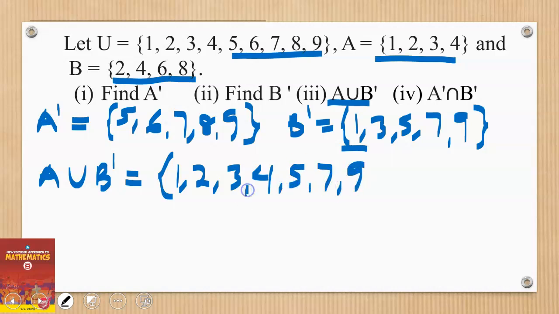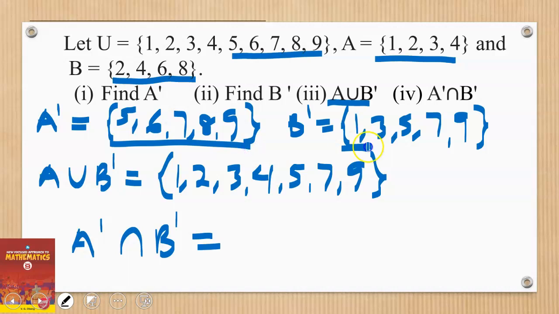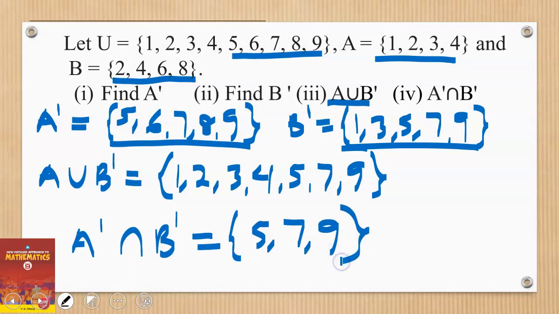So that becomes A union B complement. Then finally, we want to find A complement intersection B complement. So A complement is here, B complement is here. In the intersection of these two sets, we can see 5 appearing on both sides, 7 appearing on both sides, and 9 also appearing on both sides. So that represents A complement intersection B complement, right?